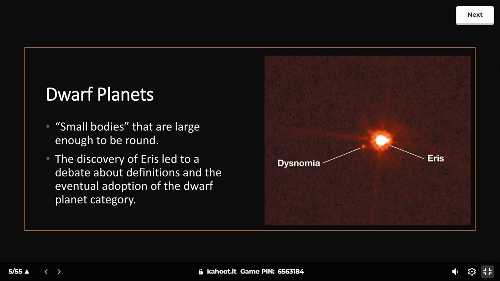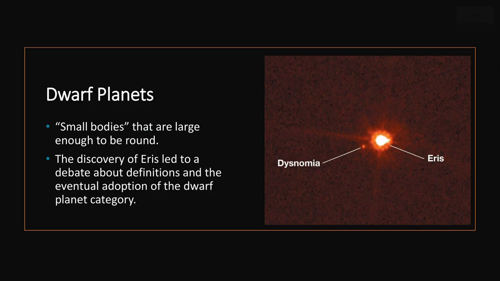And then dwarf planets are things that are going to be big enough that they have a spherical shape, but they're not big enough to, for example, be the biggest thing in their orbit.